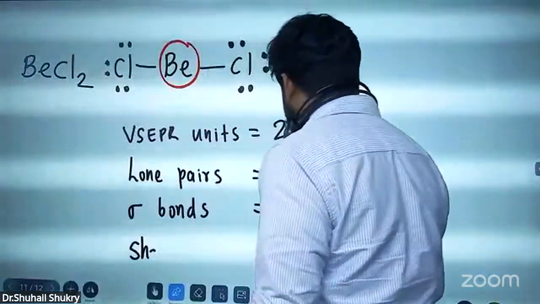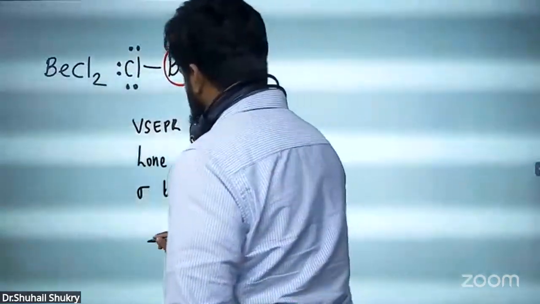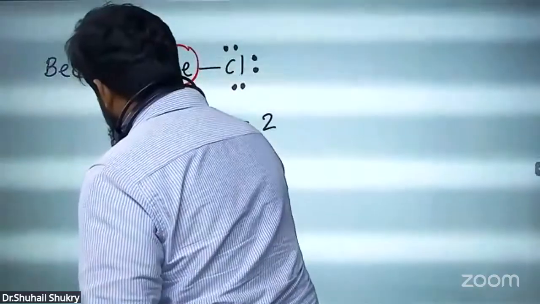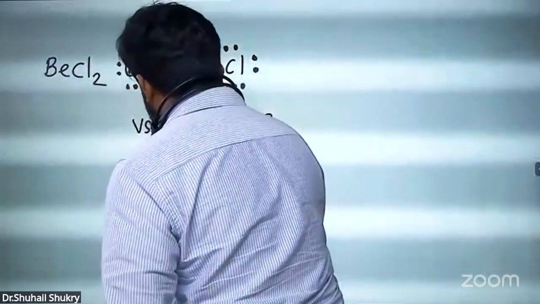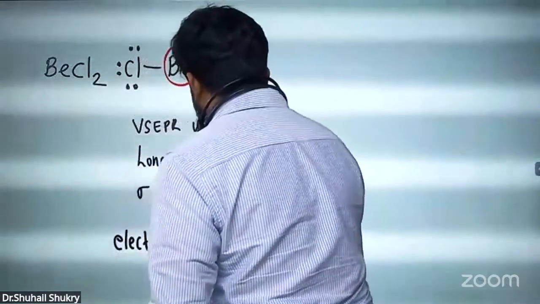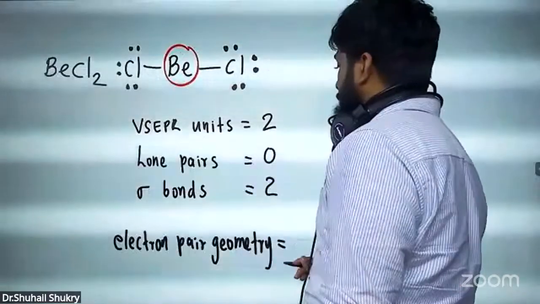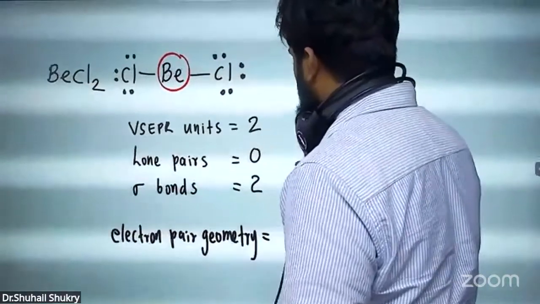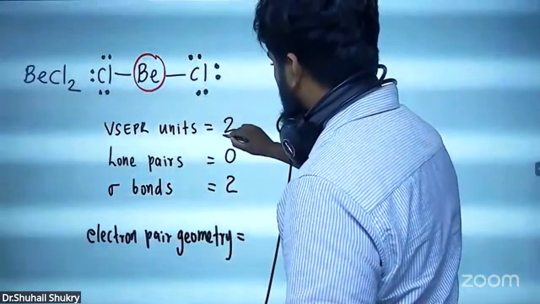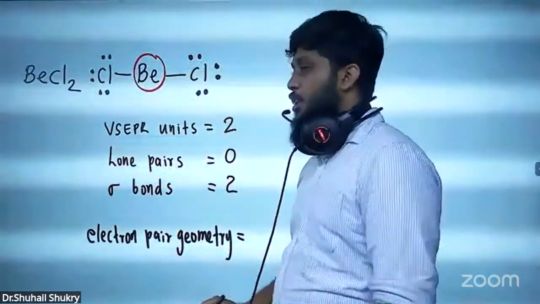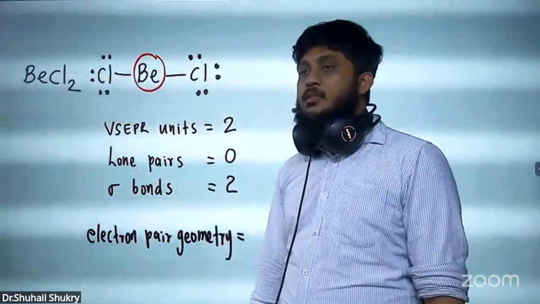There are 2 things here. One is the electron pair geometry. Electron pair geometry means we tell the geometry using the VSEPR units. If there are 2 VSEPR units, what is the shape?